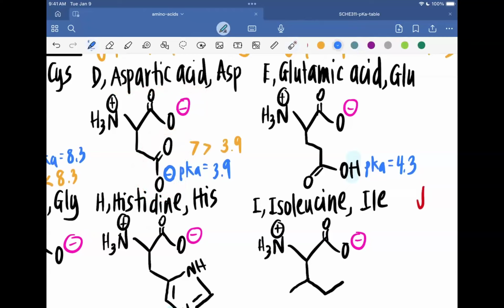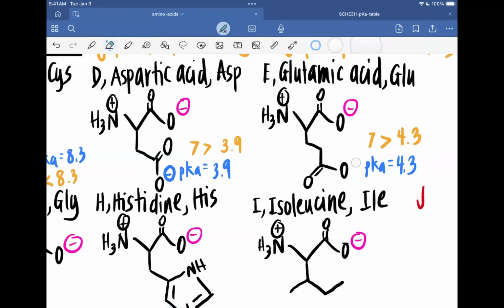We can do the same assessment for glutamic acid, where we're looking at a pH of 7 compared to a pKa of 4.3. 7 is greater than 4.3, which means that, like in the case of aspartic acid, the proton leaves.